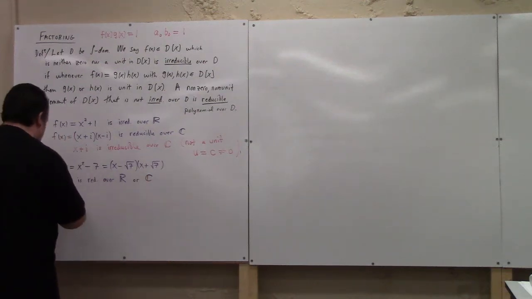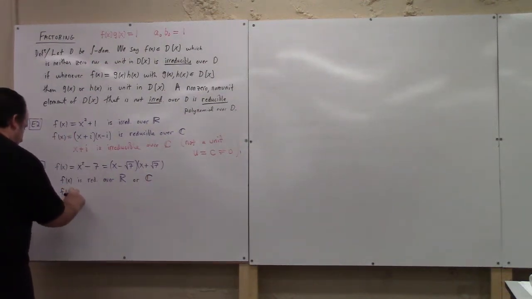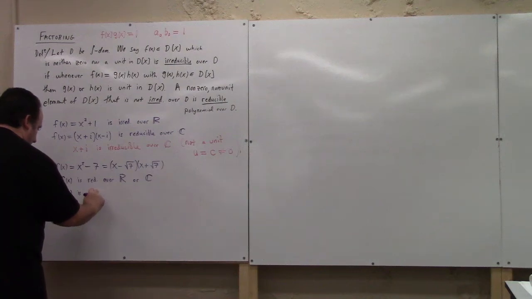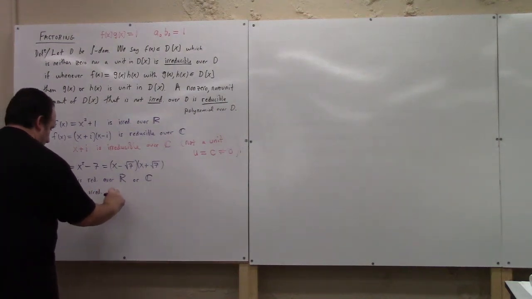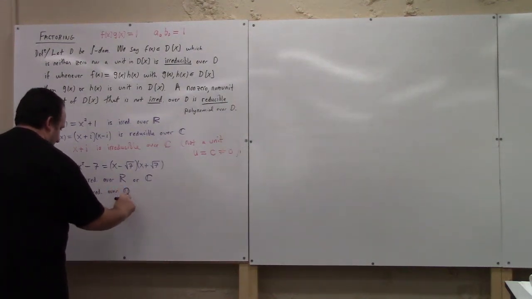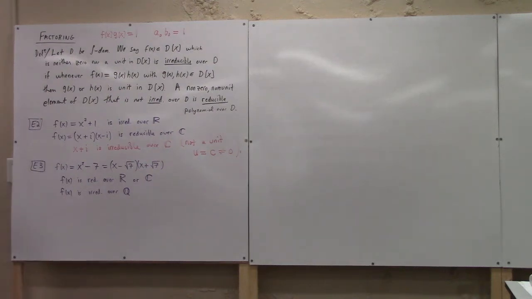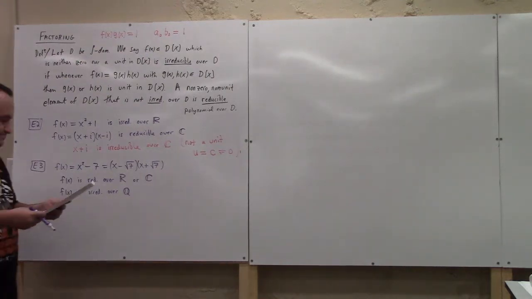But f of x is irreducible over the rational numbers, because it's not possible to factor x squared minus 7 using rational polynomials. These factors are not rational, because they involve the irrational number square root of 7. Make sense? Okay.